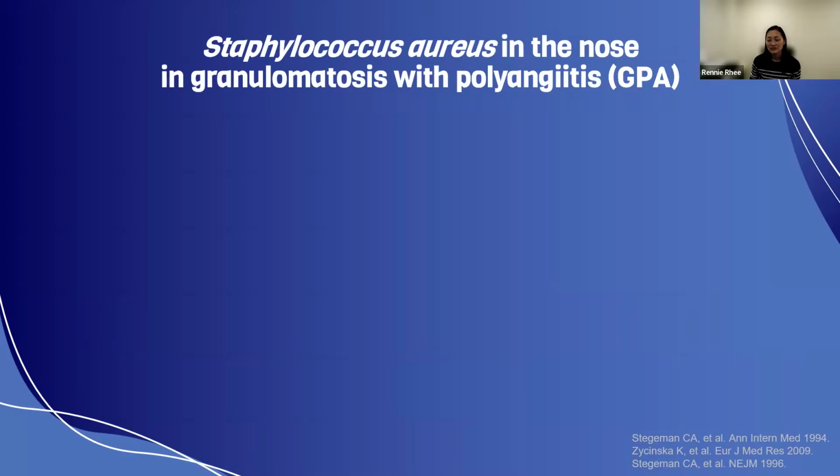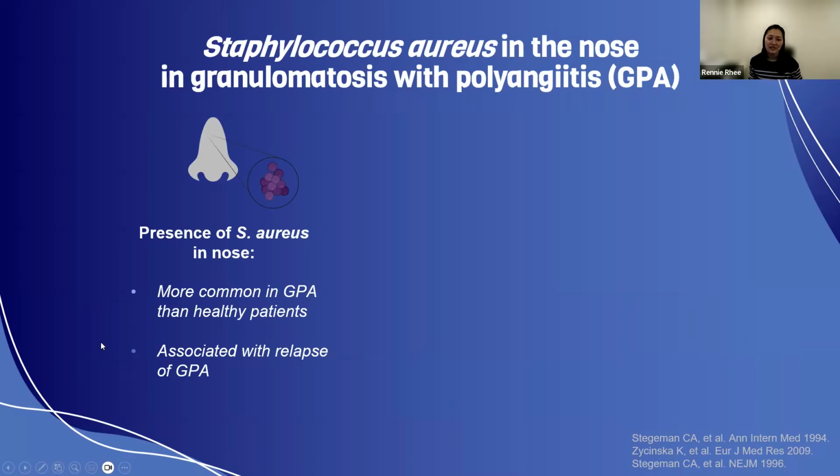Initial studies in the 1990s found some links with a bacteria called Staphylococcus aureus. This is a bacteria that's ubiquitously found in everyone. It's often seen in the nose as well as on the skin. And what they found was that they could see the presence of this bacteria in the nose more commonly in patients with GPA than in healthy patients.